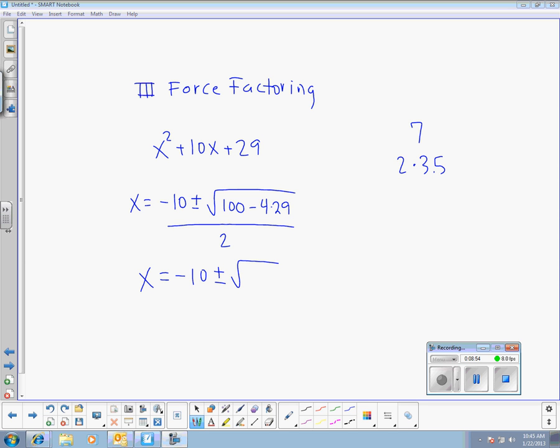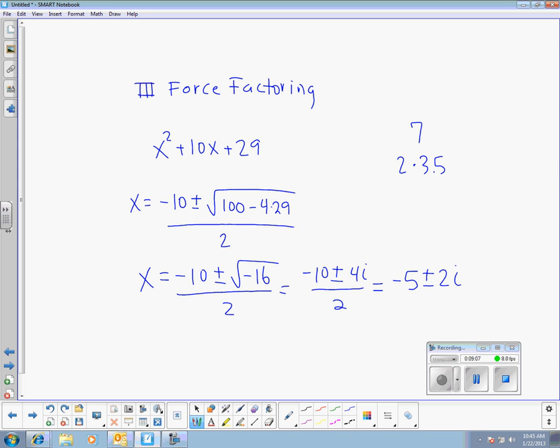So altogether, that's negative 10 plus or minus 4i over 2, or negative 5 plus or minus 2i. So this is a quadratic. It has to have two zeros, and there are the two zeros.